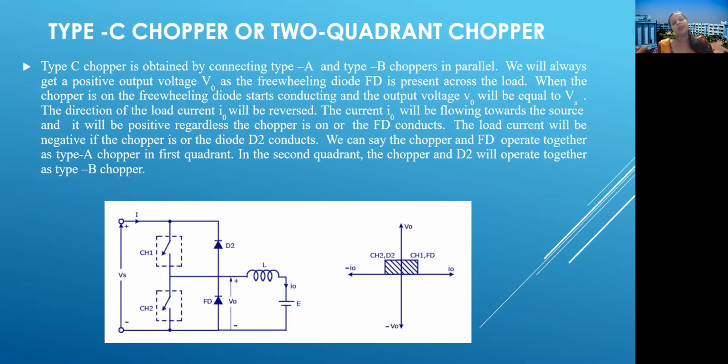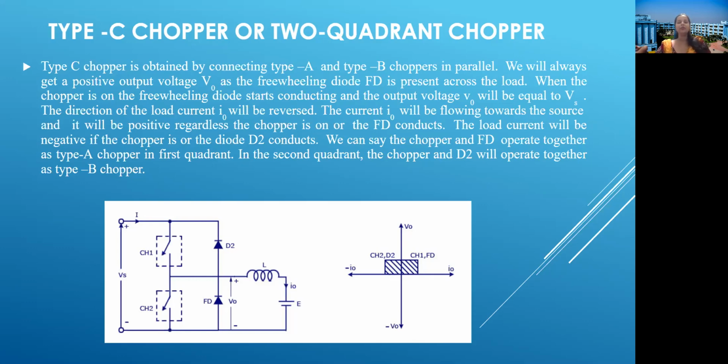When it's operating in first quadrant operation, type A, where voltage and current are both positive, DC power is positive. When DC power is positive, the produced torque will be positive, and that symbolizes motoring operation.